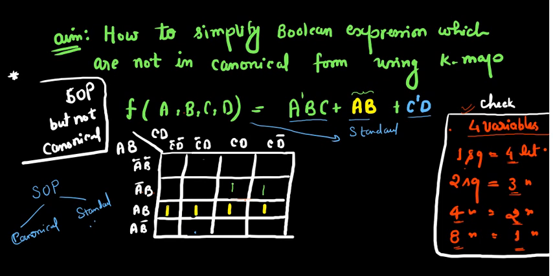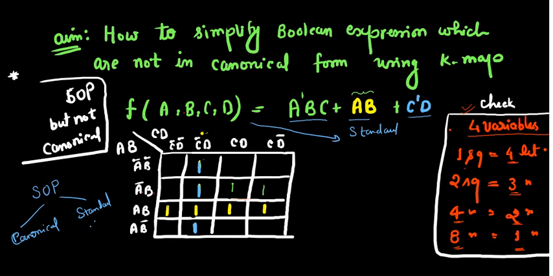In order to represent C prime D, you have to find that this column is C prime D. We just fill 1 in this column. This one is already written here, so there is no need to write it one more time.